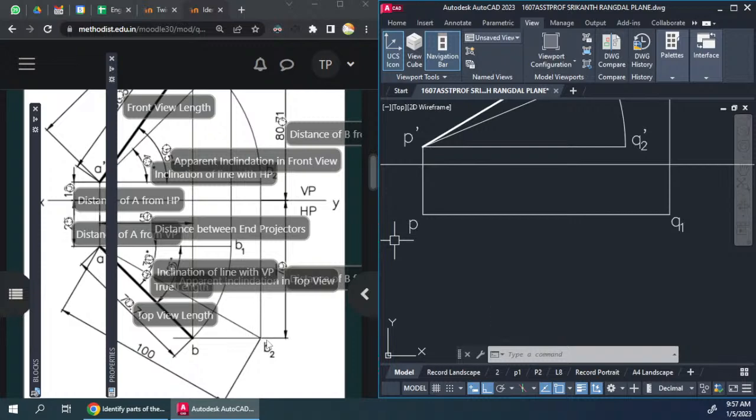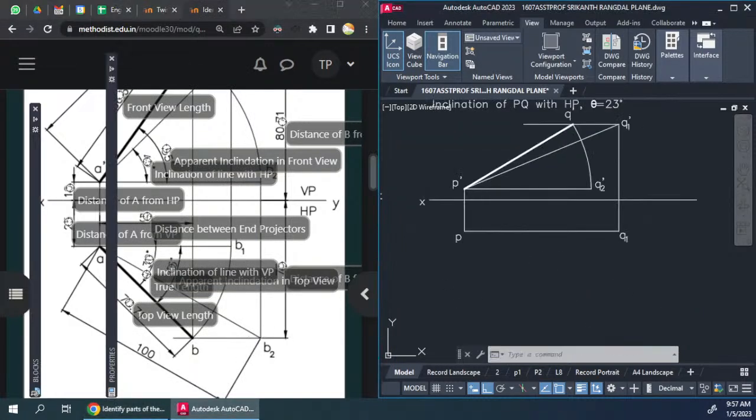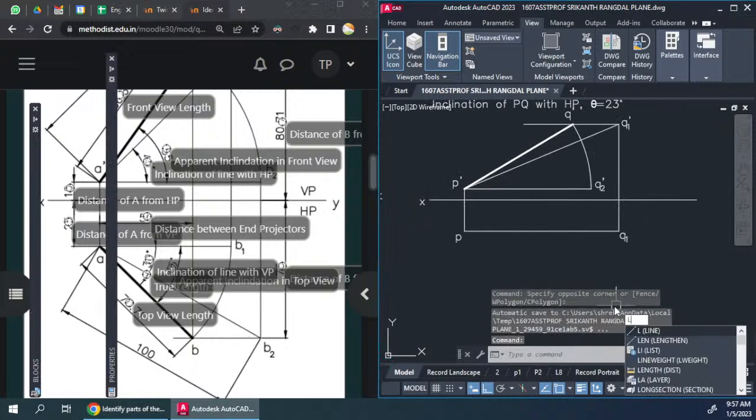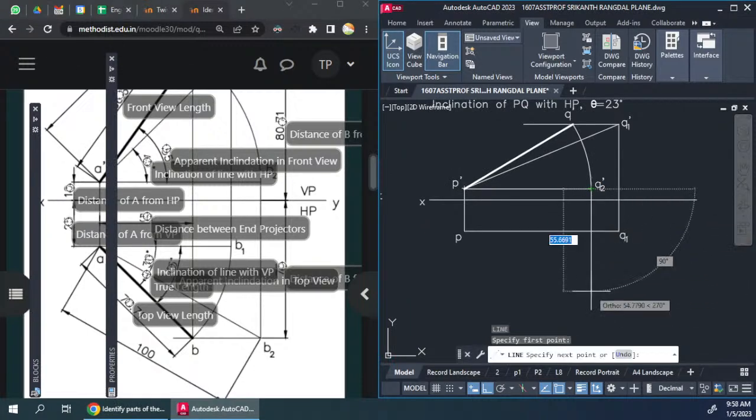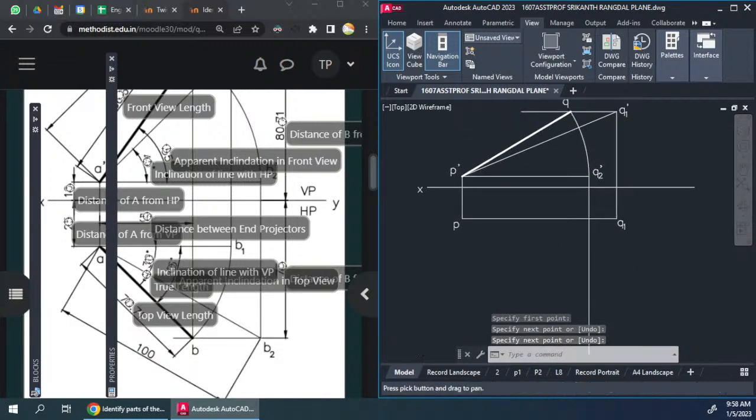We already know the true length. We don't know the angle of the true length, but we certainly know the length of this line. So that's what we have to take. Let's take a line. From here, you have to take a straight line. You don't know the length, and then from here, the distance of Q2 will be at true length.